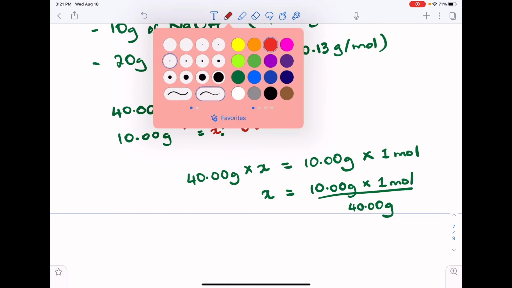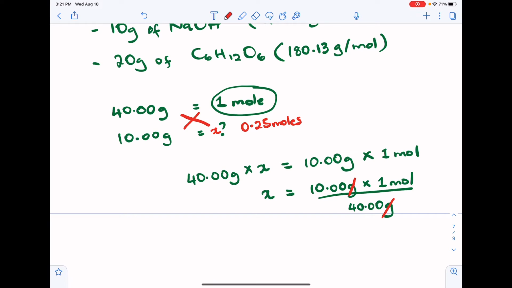This allows us to cancel the grams, and the units we're left with are moles, and we get 0.25 moles. Believe it or not, mol is the abbreviation of moles, just removing the E at the end there. But I'm very used to doing it this way, so I guess it works as an abbreviation.